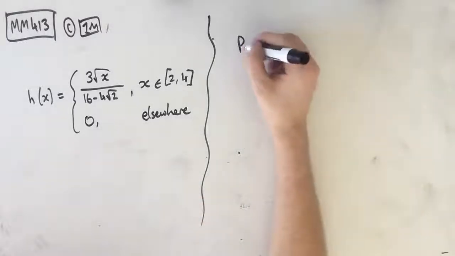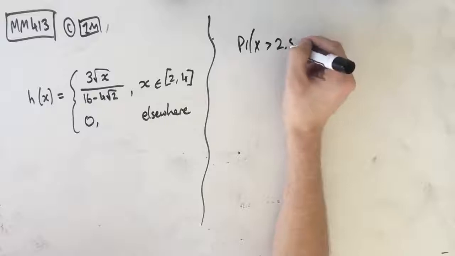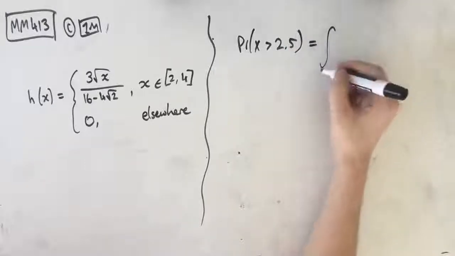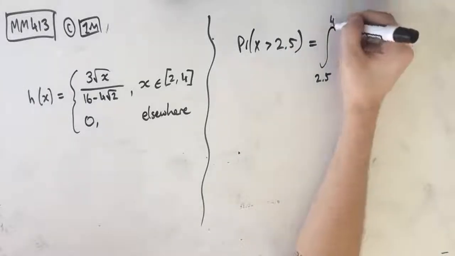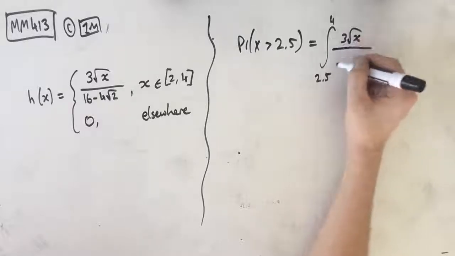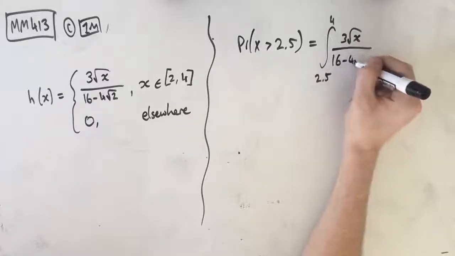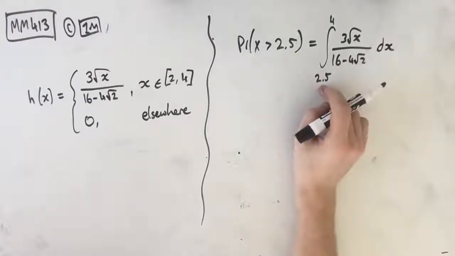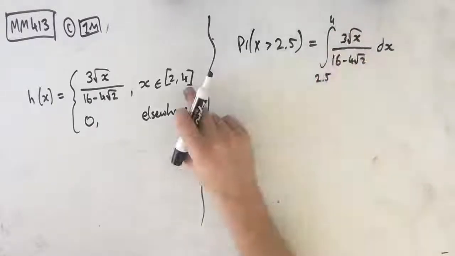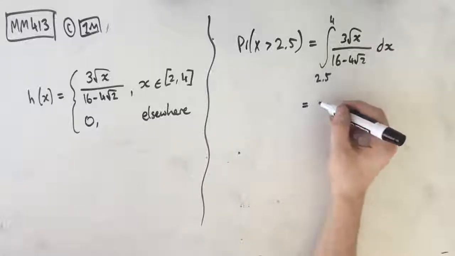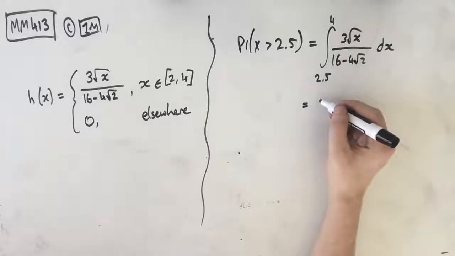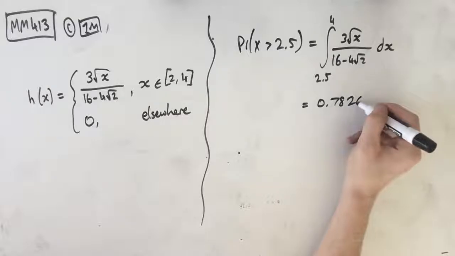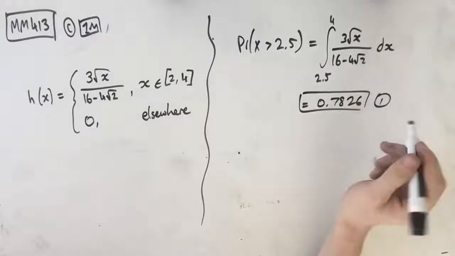So all we're looking for is the probability that x is greater than 2.5, which means that we're looking for the area from 2.5 to 4 of 3 root x over 16 minus 4 root 2 dx. Because if it has more than 2.5, that means it has more than 2.5, but less than 4, because 4 is our upper limit there. And that means putting that into our CAS, we get 0.7826. That's our first and final mark.